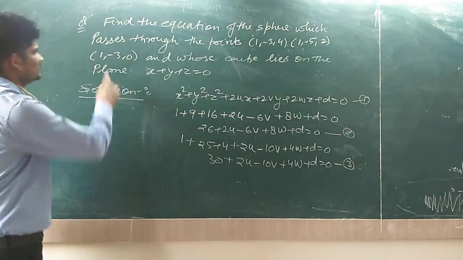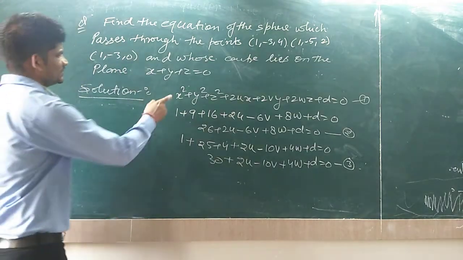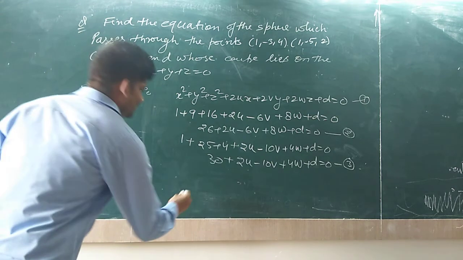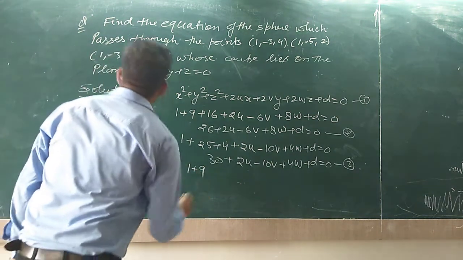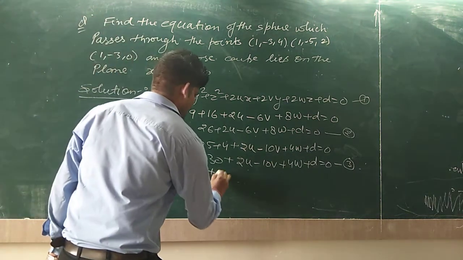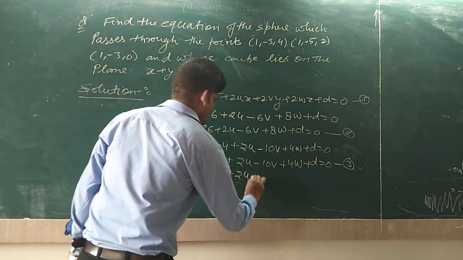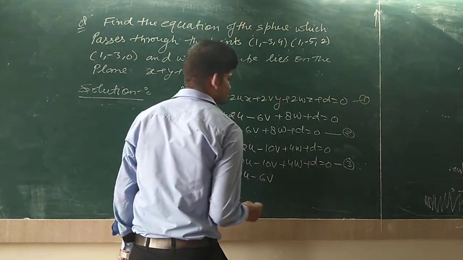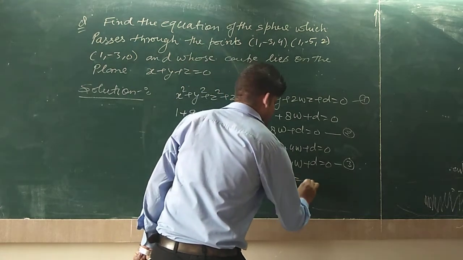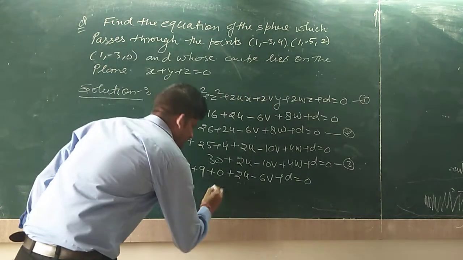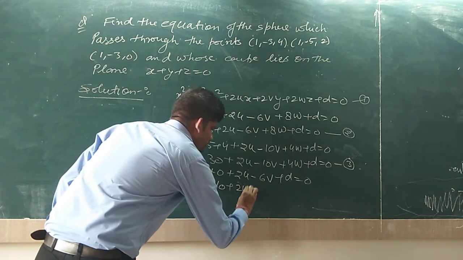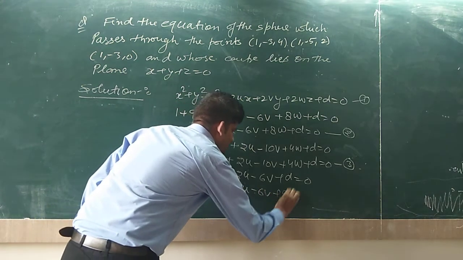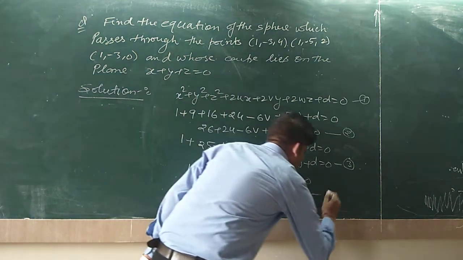And putting the third point in equation number 1, we get 1 plus 9 plus 0 plus 2u minus 6v and w zero plus d equal to 0. Then the equation is 10 plus 2u minus 6v plus d equal to 0, equation number 4.